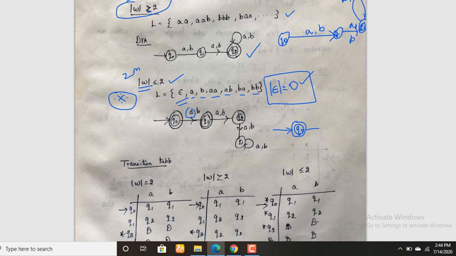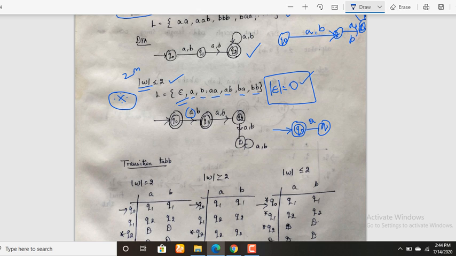Next, if another one B comes, it will also move to the final state. What about A? If another A comes, we can add one more final state. So I can add here A comma B.